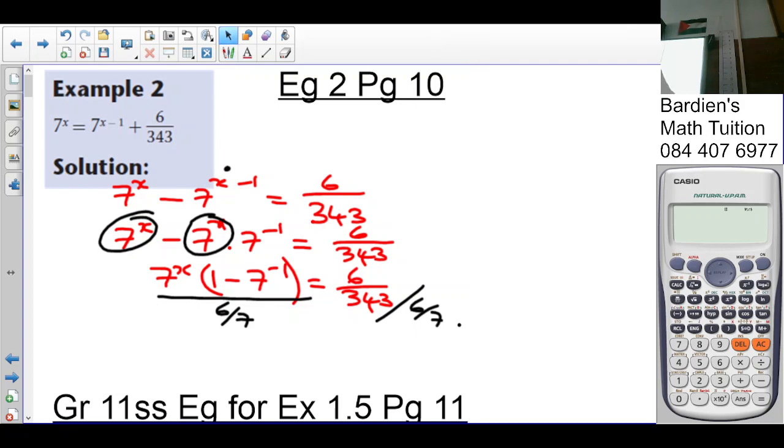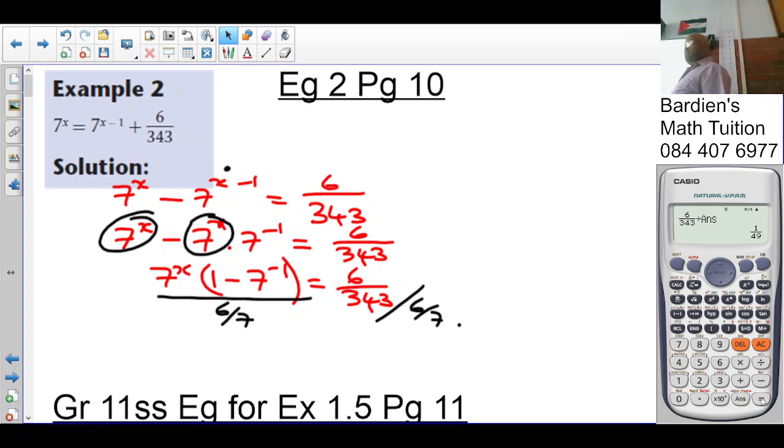So that's going to give you 49. So it's 1 over 49. But say again you can't do that. Then we say 6 over 343 will be divided by 6 over 7, which is 1 over 49.